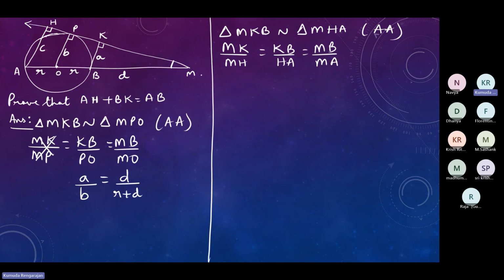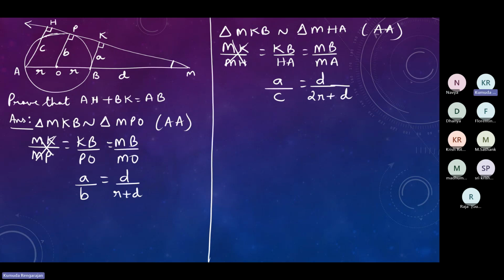We'll ignore the ratio where we have line segments of MH. So KB is A, HA is C, MB is D, by MA. What's MA, children? D plus 2R, or 2R plus D.